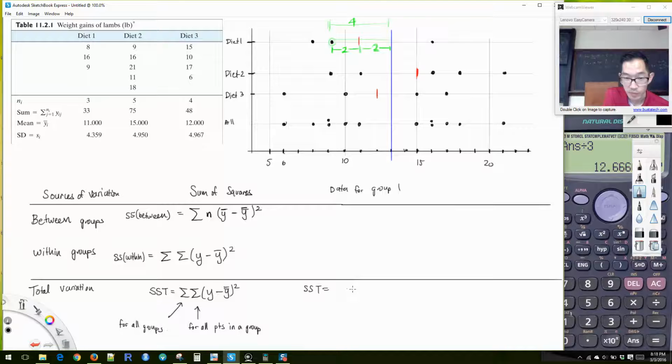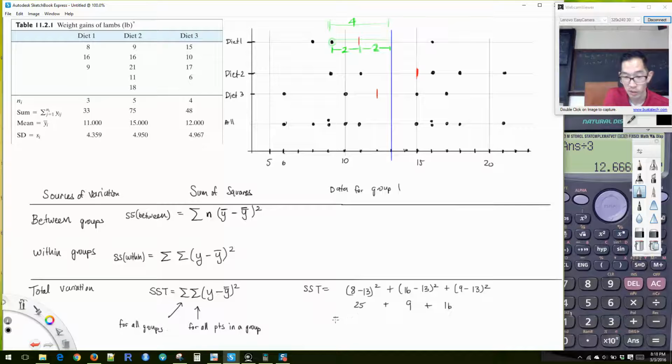So we would do 8 minus 13 squared plus 16 minus 13 squared plus 9 minus 13 squared. 8 minus 13 is 5, 5 squared is 25; 16 minus 13 is 3, 3 squared is 9; and 9 minus 13 is 4, 4 squared is 16.